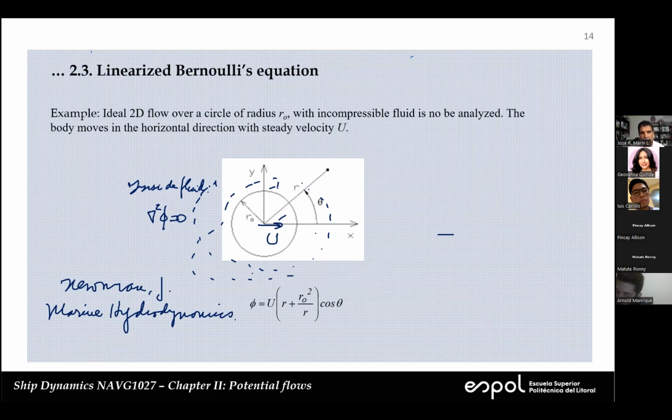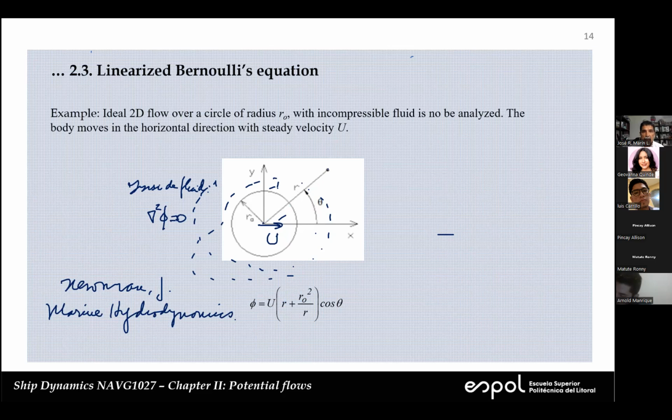Okay, now here you see that U, that's the velocity. R, in this case, the solution is being expressed in polar coordinates, okay? So R theta, as you can see it here, R theta are the polar coordinates. So R is the distance from here, and theta is the angular distance from the x-axis.